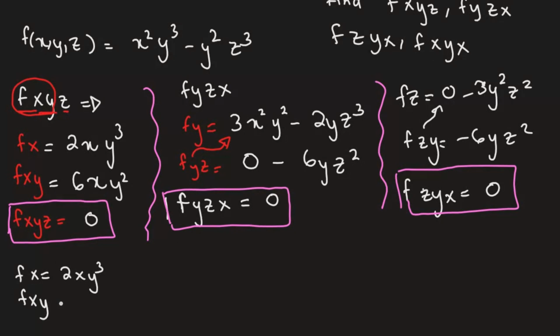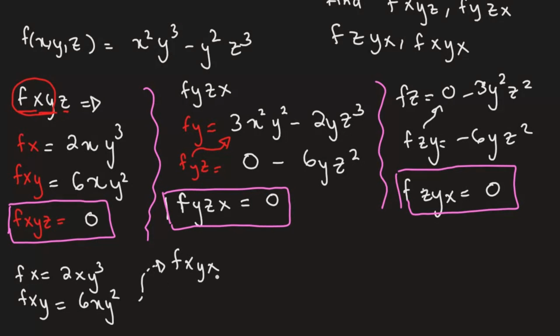So this function with respect to y, and we already calculated this as well, so that's 6xy squared. Now I'm moving this to here because I don't have space anymore.